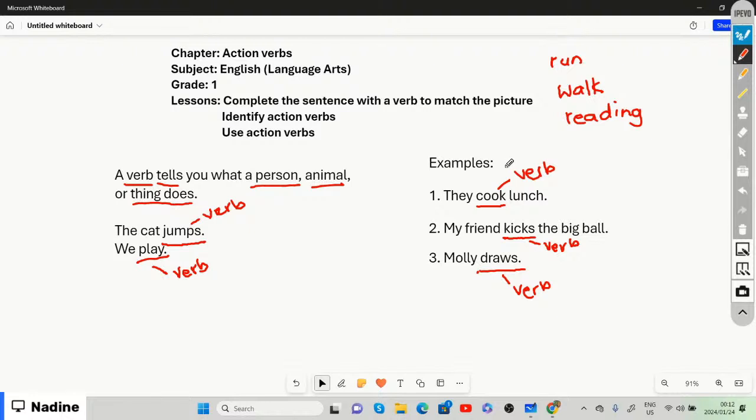Give me a few more examples of verbs. So even sitting is a verb, right? So that is a few examples of action verbs.